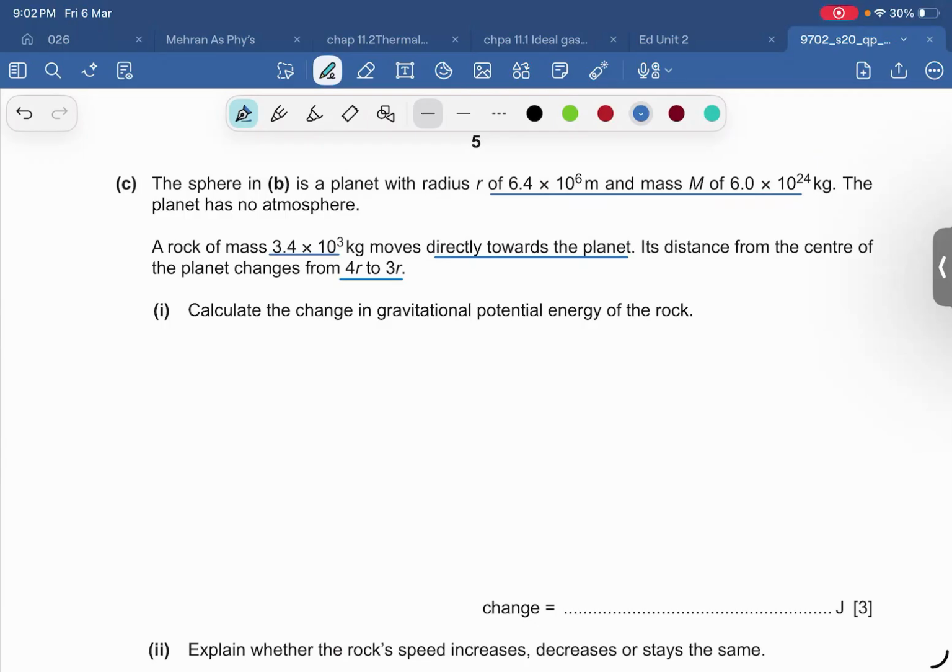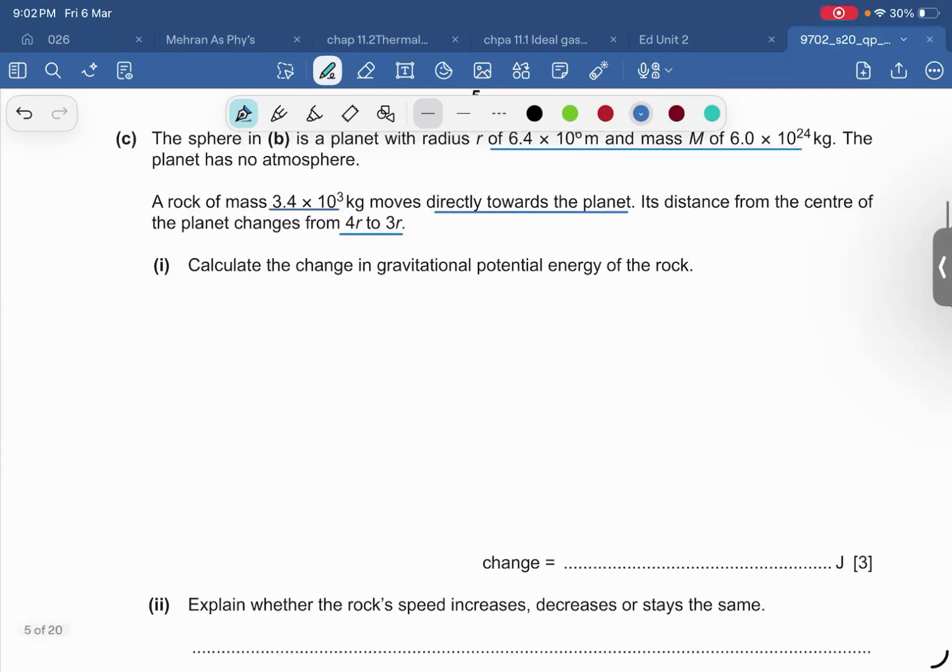What's the formula for the gravitational potential energy? Minus GMm over r. This is May June 2020, variant 42.